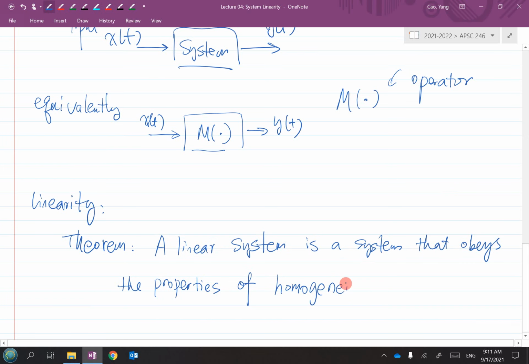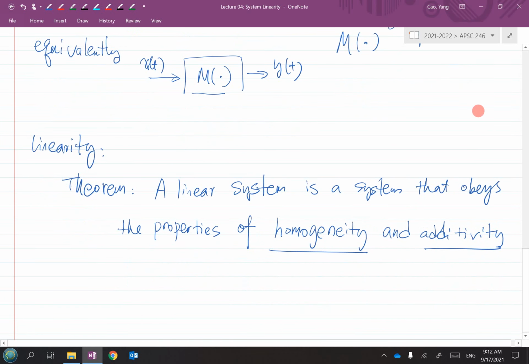The first one, we're going to show what it is. And the second one is called additivity. So we're going to use this general big picture to show whether a system is linear or not. But we're going to have to show what this means and what this additivity means. Good. So let's go step by step.